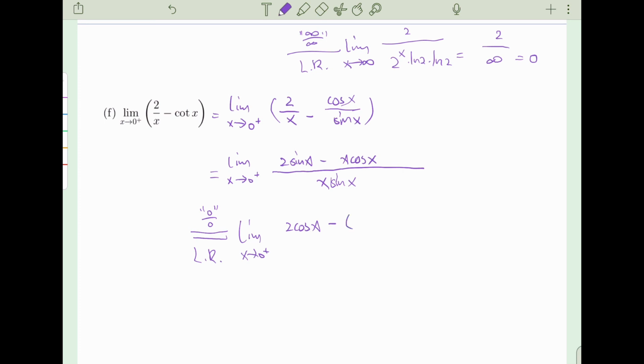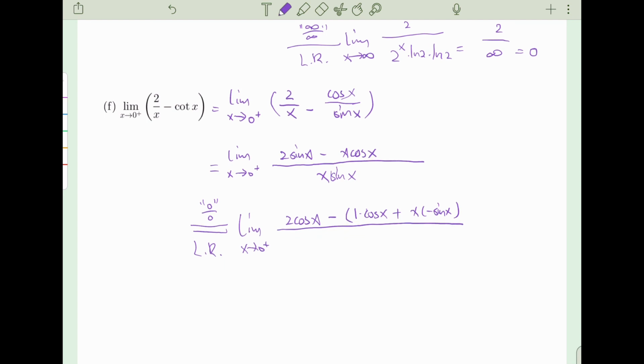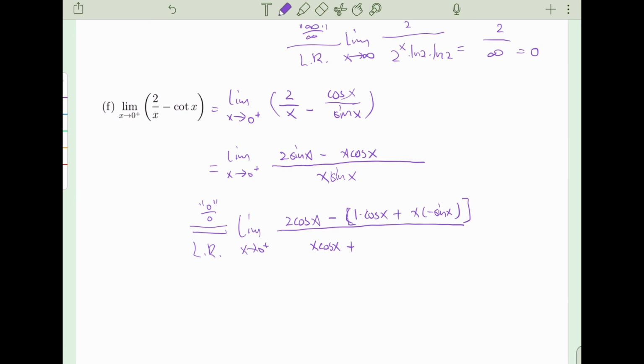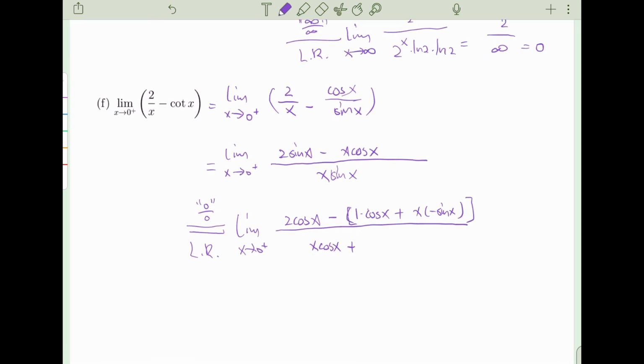So that is this 1 times negative sine of x, 1 times cos of x, plus x times negative sine of x, divided by the derivative of the bottom, that's also product rule, so x times cos of x, plus 1 times sine of x.